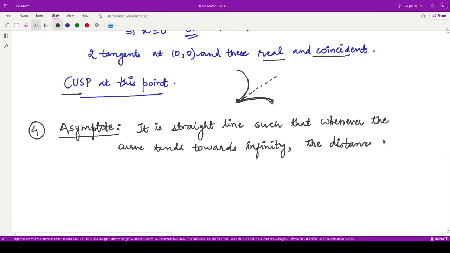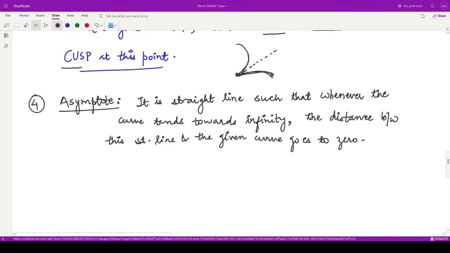The distance between this straight line and the given curve goes to 0. So that is the definition of an asymptote.